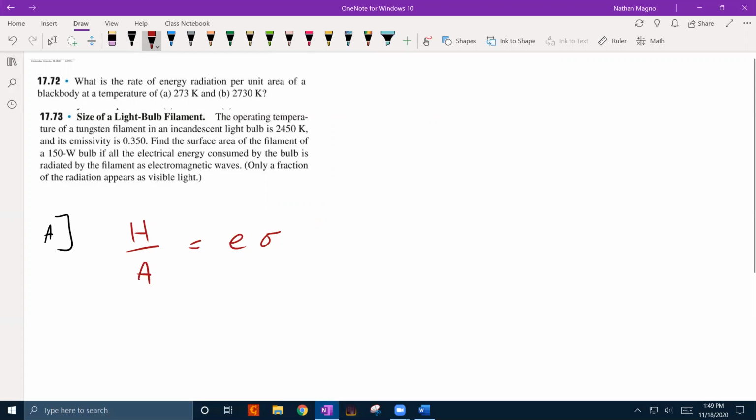Is that familiar to the chemistry majors? A little bit? Okay, cool. And then also the temperature to the fourth power. What this left-hand side describes is the power output, the amount of power per area.